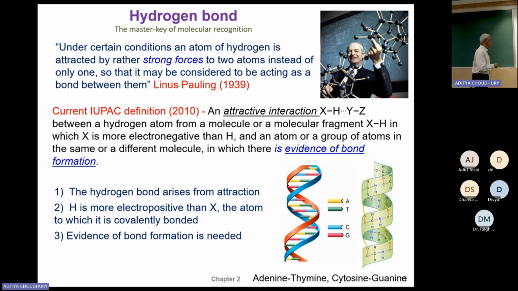But in the modern definition, they want to replace strong forces by attractive interaction, and they also say that we need evidence of bond formation. It's just a cosmetic change to the definition.